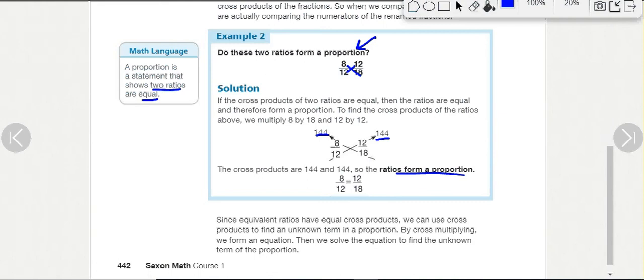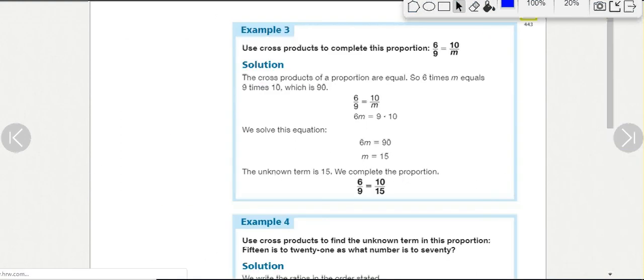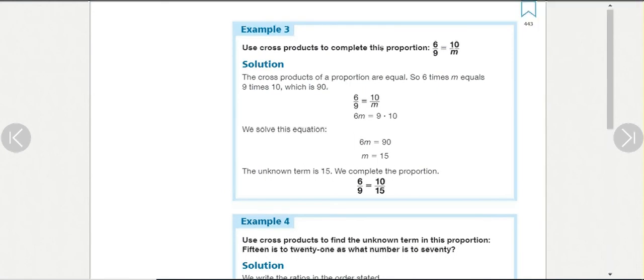Since they have equal cross products, we can use cross products to find an unknown term, like I introduced with this lesson before. Instead of using the old scale factor, we can, and I think more easily, multiply 6m and 9/10. So I'm solving for this missing amount.